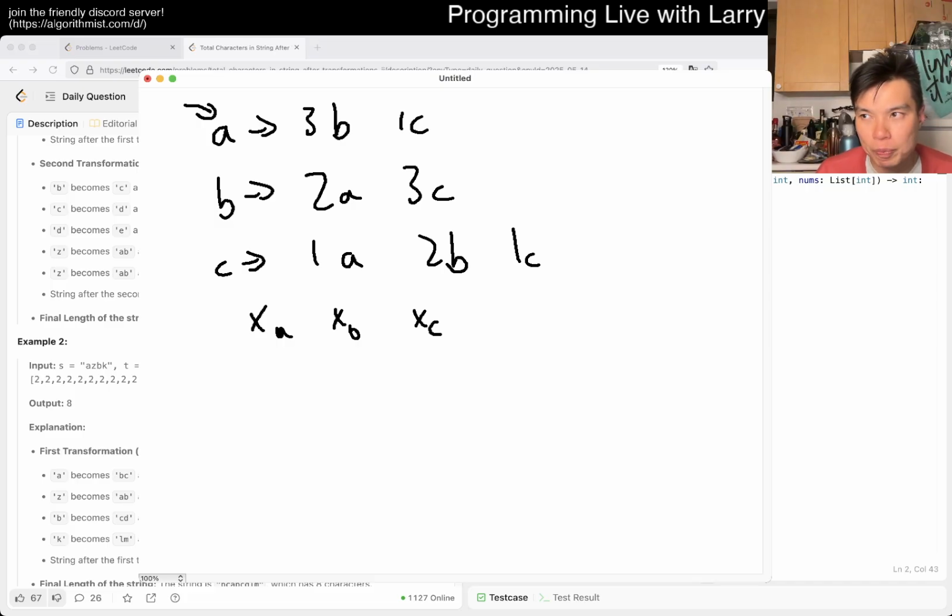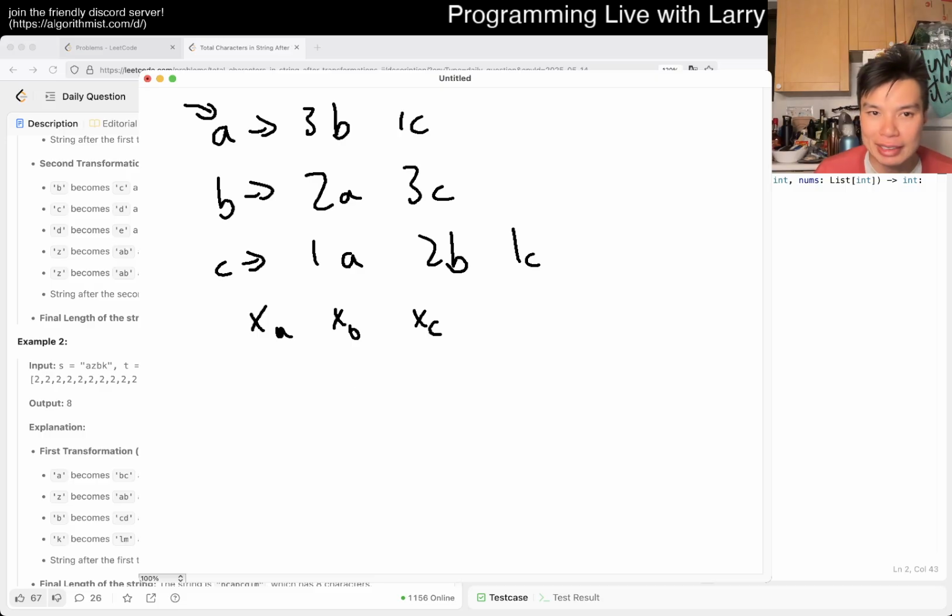Now, for every x sub a, so how many A's do we have after one transformation?